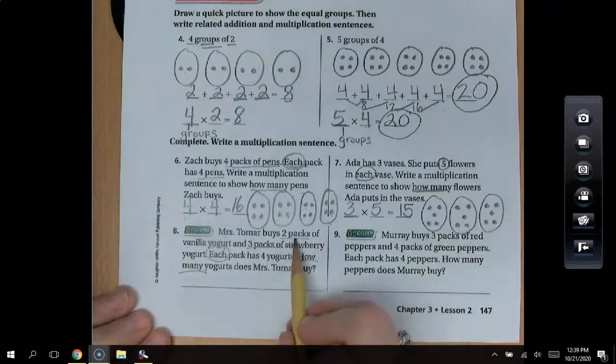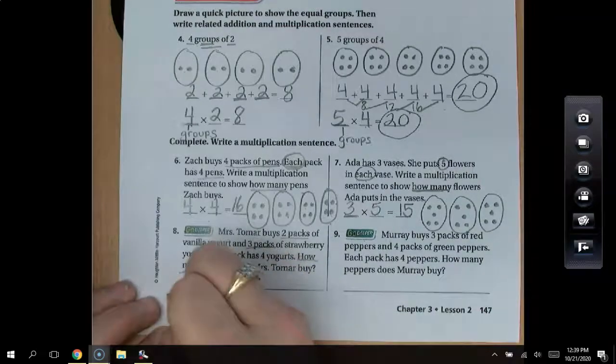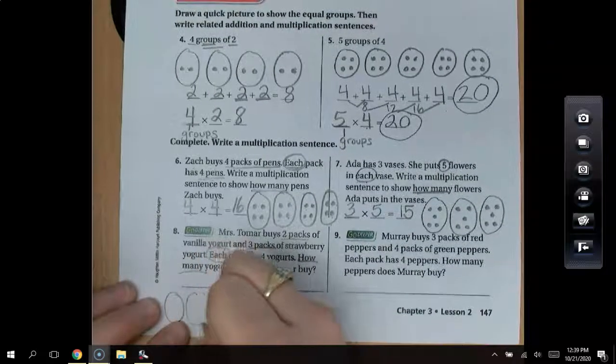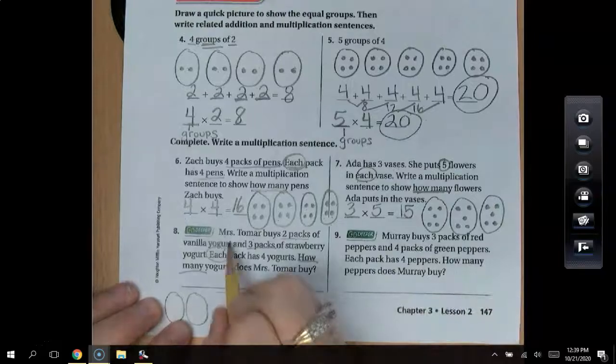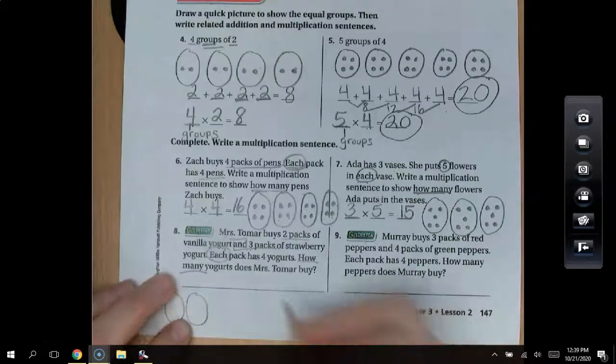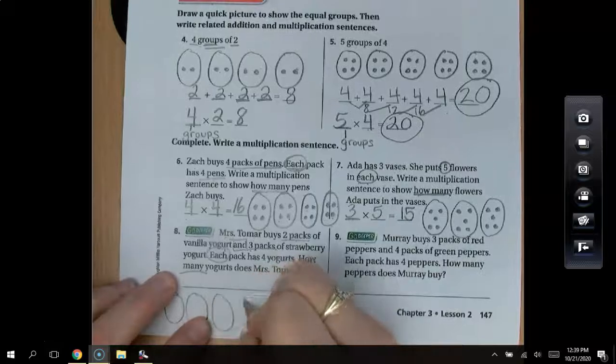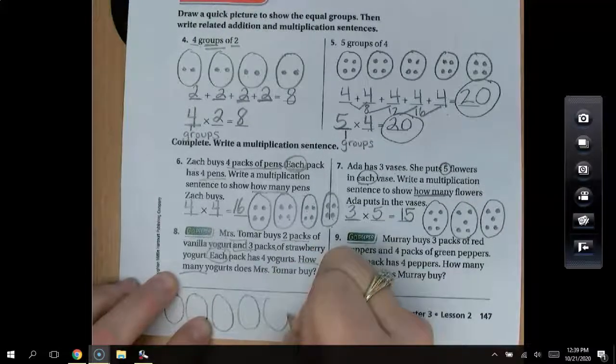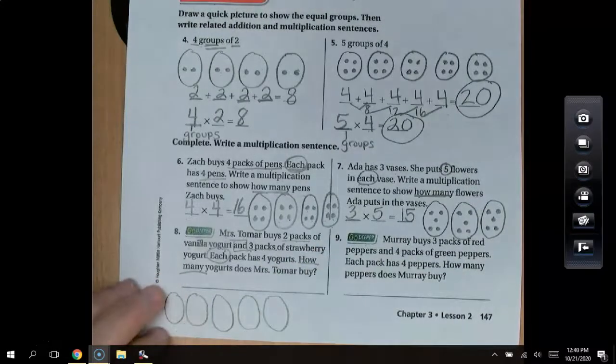Well, I say we draw a picture. I know she has 2 packs of vanilla yogurt, so I'm going to draw 2 packs. And I know she has 3 packs of strawberry yogurt, so let's draw our 3 packs. Well, now we need to figure out how many yogurts are in each pack.